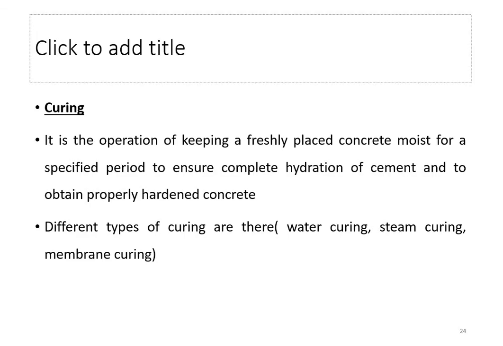Okay. After compaction, the next major step is curing. It is the operation of keeping freshly placed concrete moist for a particular period of time. Generally, for 14 to 28 days, you need to completely water the concrete. That is why after the construction of a particular building, curing is carried out. Why is it carried out?